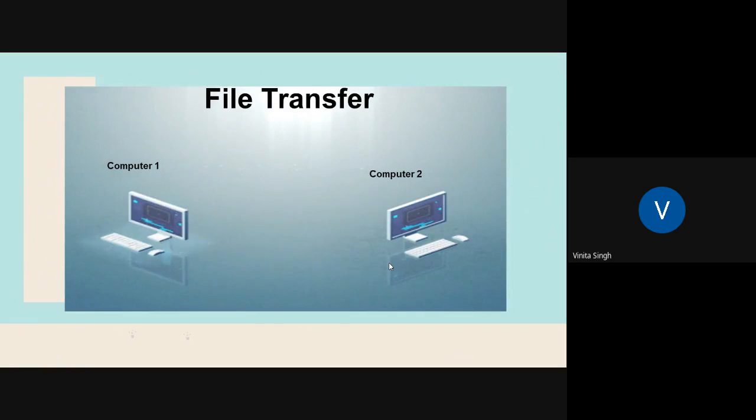This device is attached to the computer wherever required, or if you want to transfer data from one device to another. These devices, that is, pen drive and CD, are known as external storage devices.